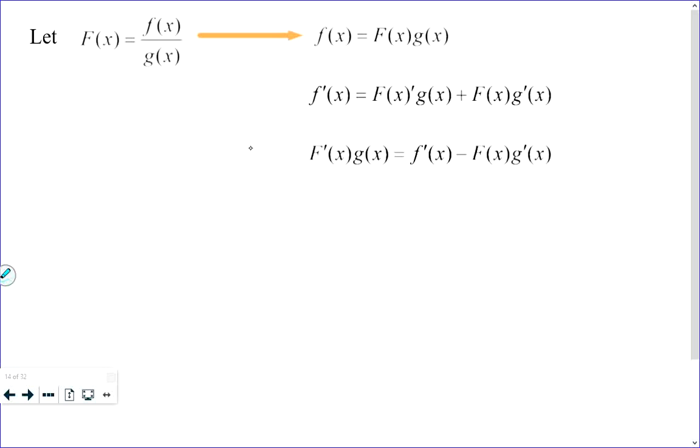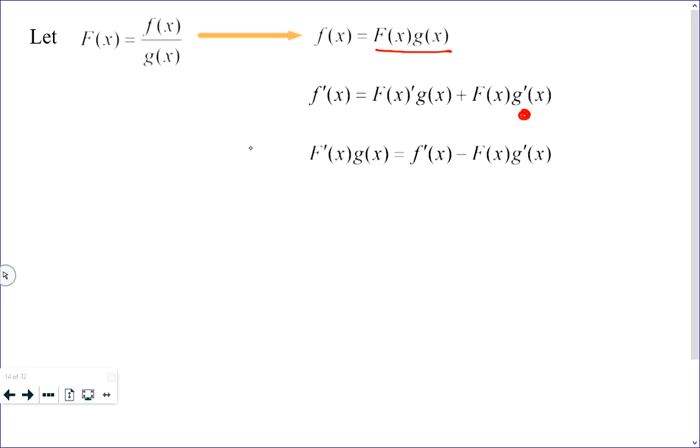So to differentiate this, I'm taking the derivative of capital F of x times g of x plus capital F of x times g prime of x, because I'm taking the derivative of the first times the second plus the first times the derivative of the second. Are you with me? Okay.